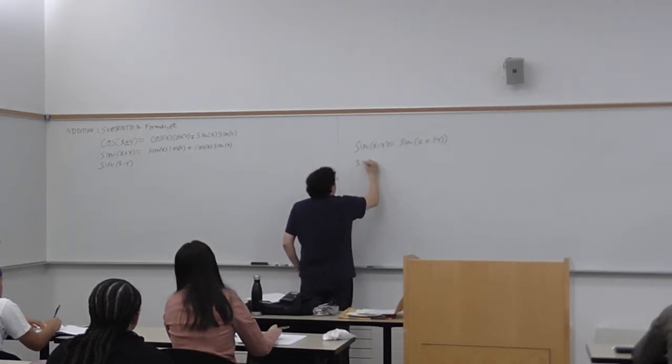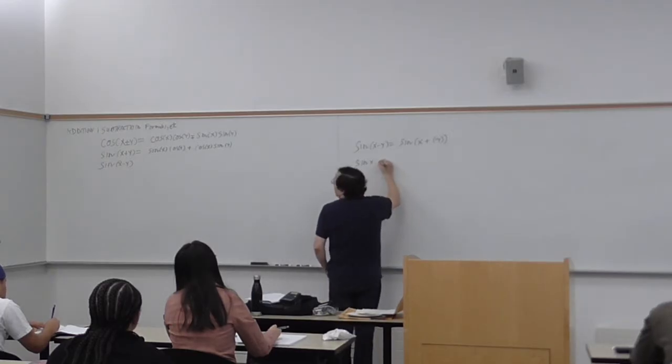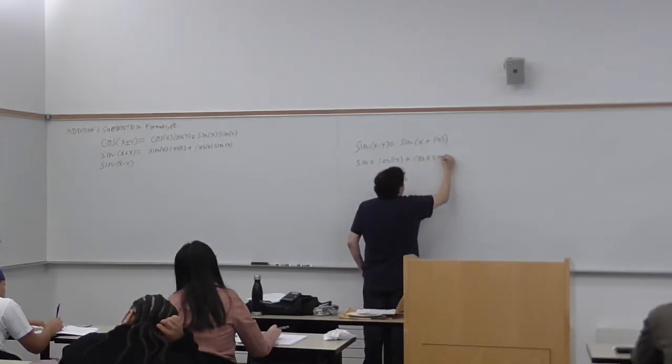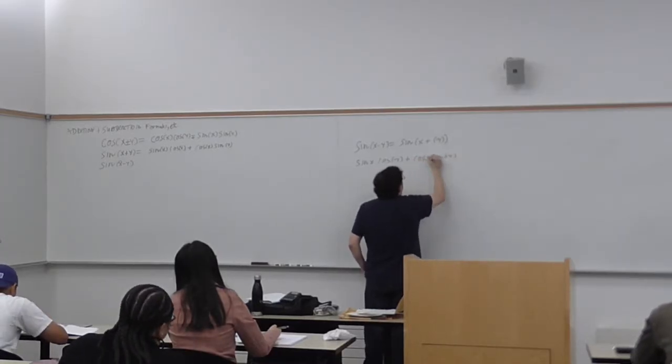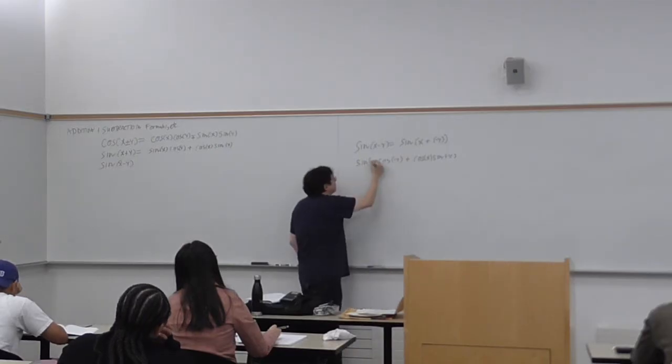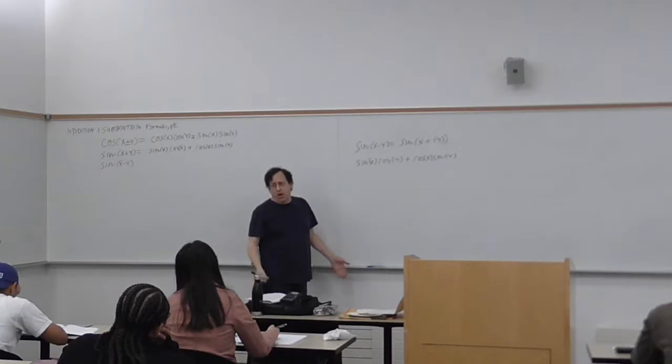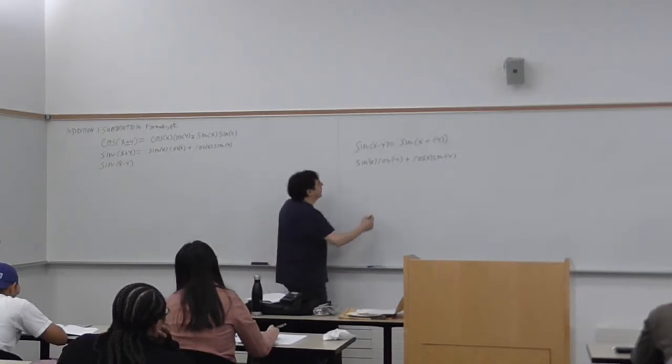It's sine x cosine minus y plus cosine x sine minus y. And here again, we're going to use the odd-even identities.